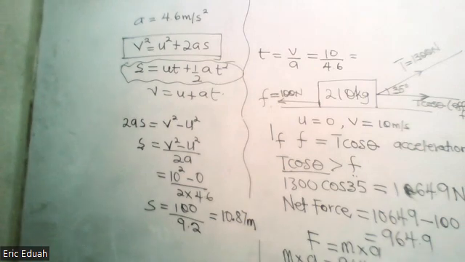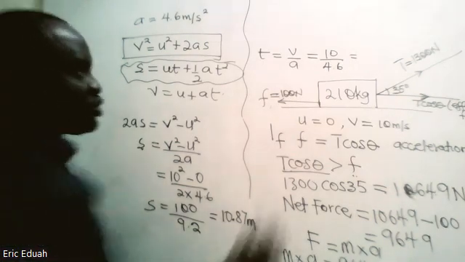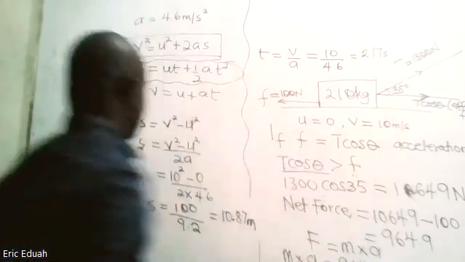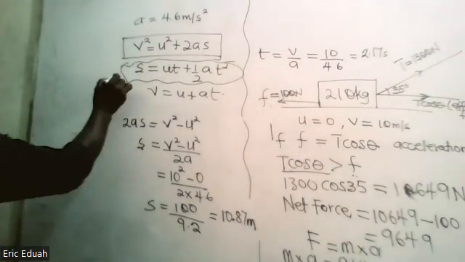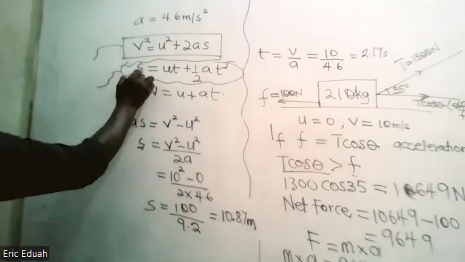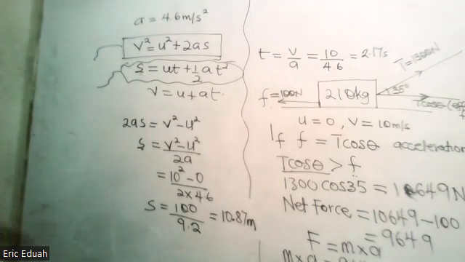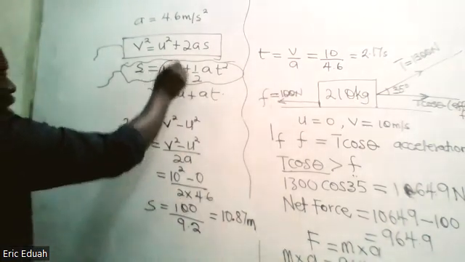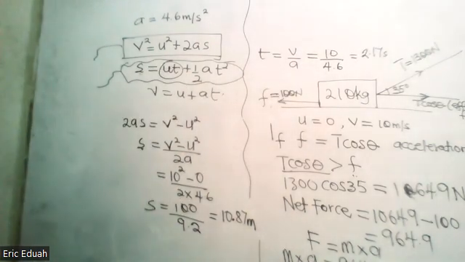So 10 divided by 4.6 is 2.17 seconds. So when you substitute it into this, you get the distance covered. So do it. Substitute the time. u is 0, so straight away this side goes to 0.